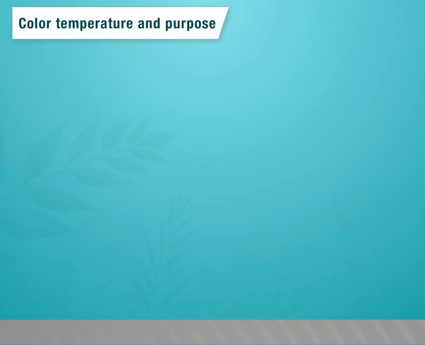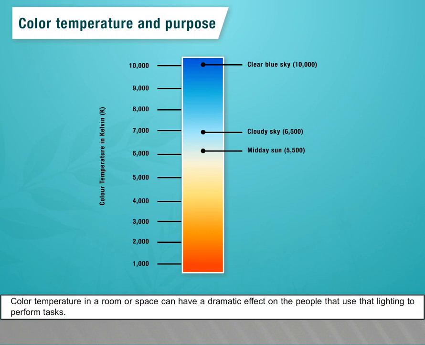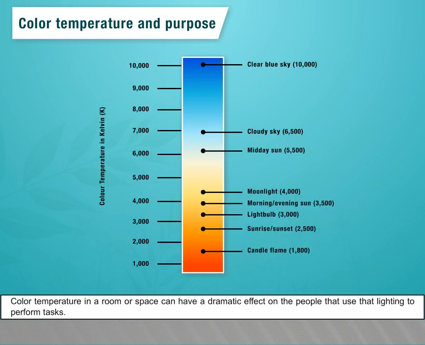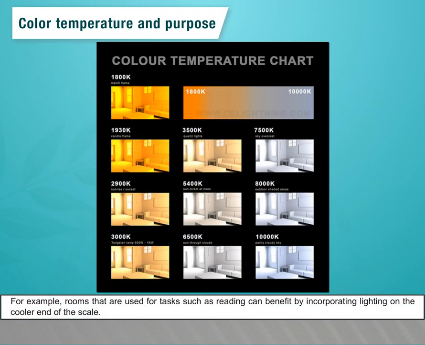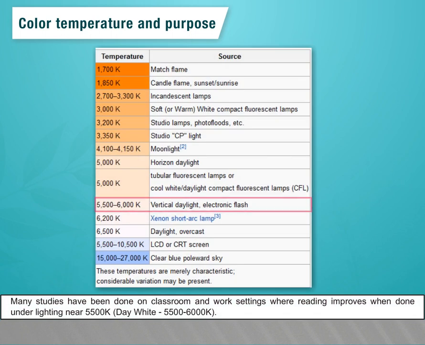Color temperature and purpose. Color temperature in a room or space can have a dramatic effect on the people that use that lighting to perform tasks. For example, rooms that are used for tasks such as reading can benefit by incorporating lighting on the cooler end of the scale. Many studies have been done on classroom and work settings where reading improves when done under lighting near 5500 Kelvin, day white, 5500 to 6000 Kelvin.